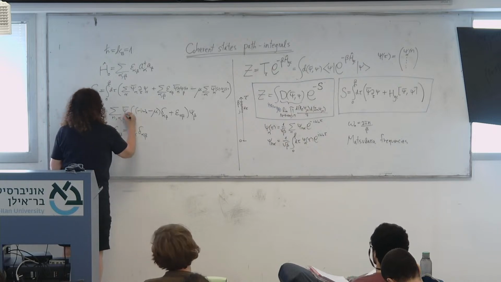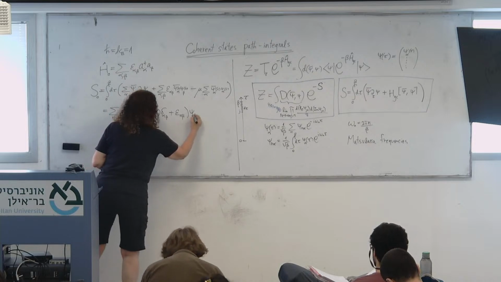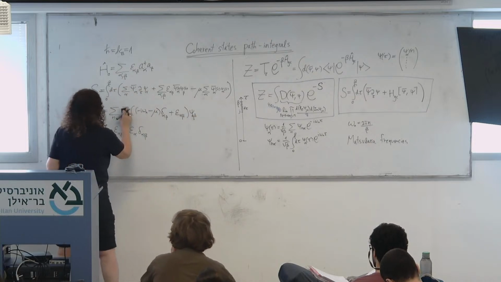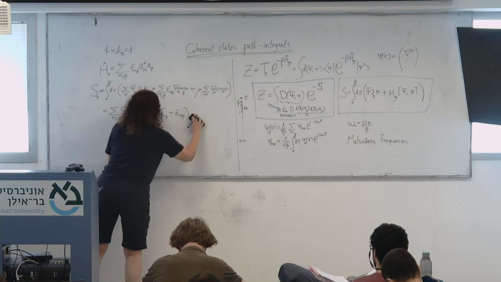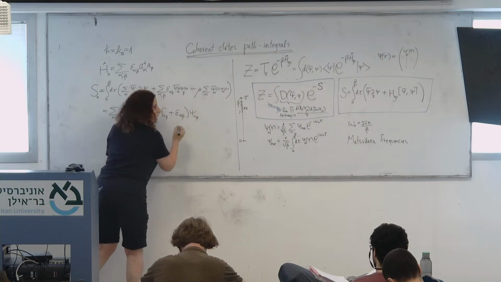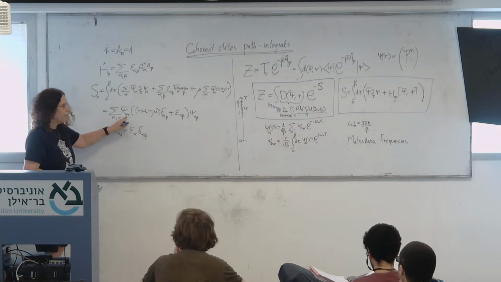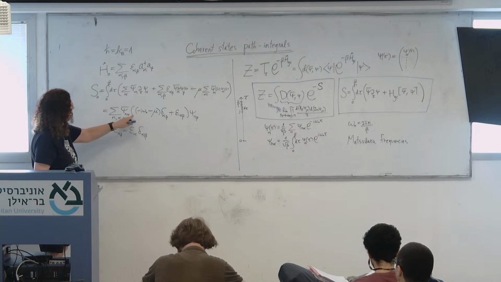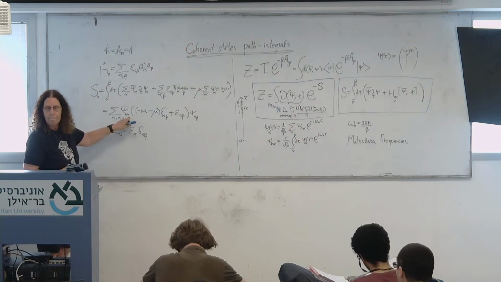And sorry, I forgot that there is the index, it's psi n alpha. There are two indices. The index n is for the Matsubara frequency, and the index alpha or beta is for the quantum number. Okay? That's good.